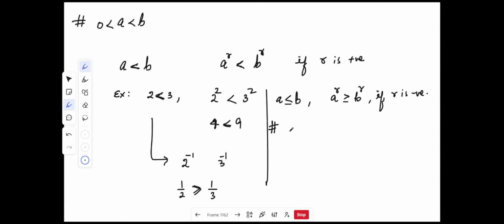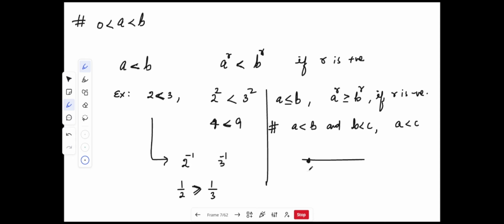Let me take the next property. Let's say we have a less than b and b less than c. We have two different inequalities in which one of the points is common, then we can say there is a relation between a and c, and a should be less than c. We can understand it with the number line also.